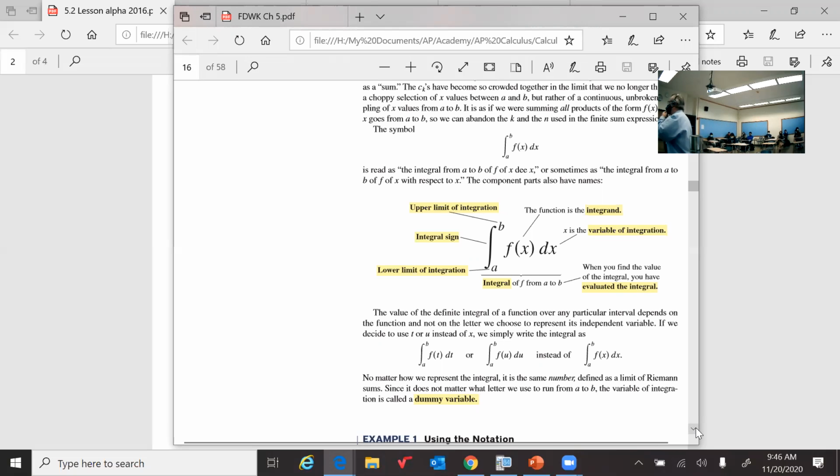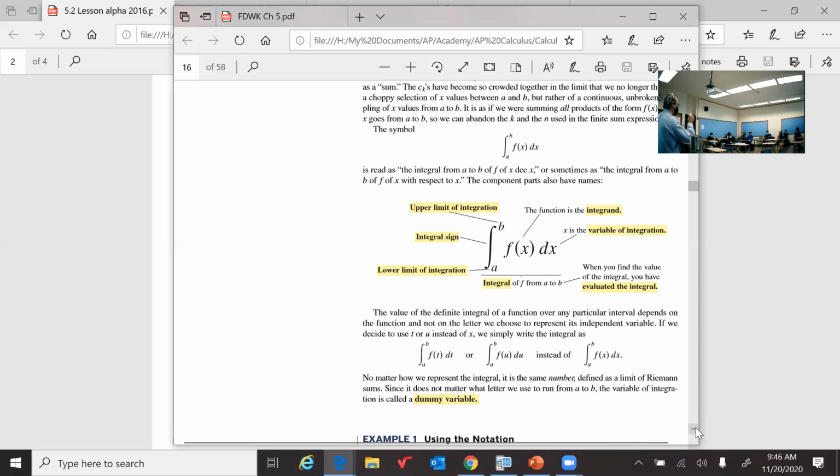So what are you doing? If you think back to what we did with the Riemann sums, 5-1, you've got all these rectangles, and you're adding up the rectangles. From A on the left to B on the right, they're this high in that line. If you add up the area of all those rectangles, you're going to get the area under the curve. And then what's this really saying? The dx is the width.